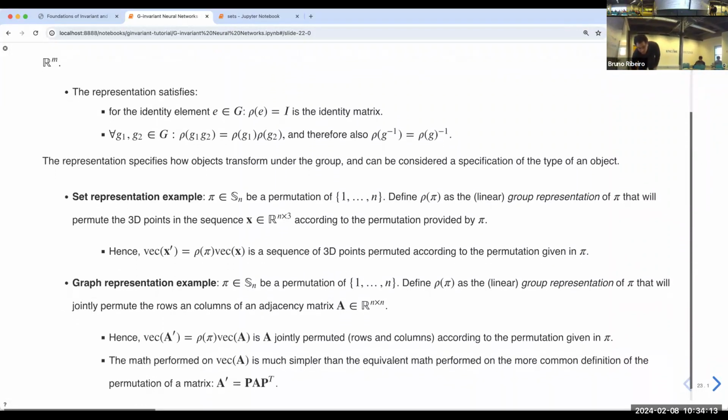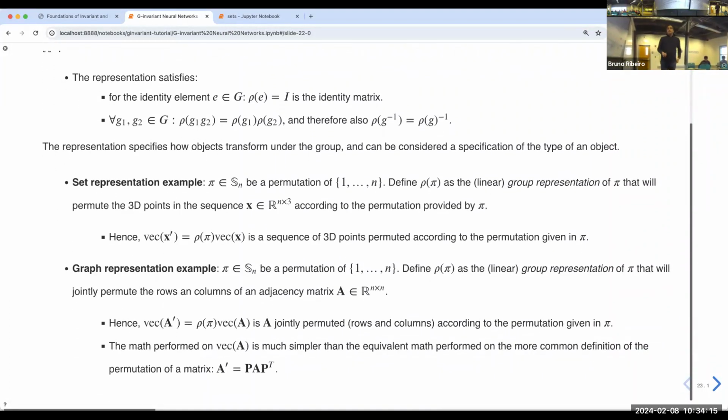So let me give you an example for a set representation. If pi is an element of the permutation group, which is essentially a vector of numbers, a permutation of the sequence 1 to n, we define rho of pi as the linear group representation that will permute the 3D points in this space.